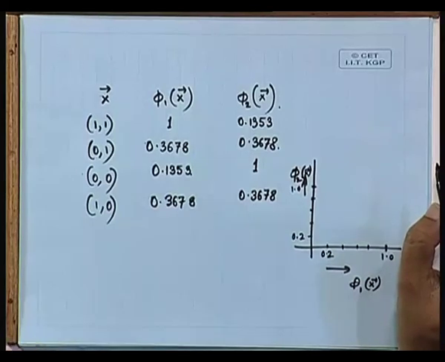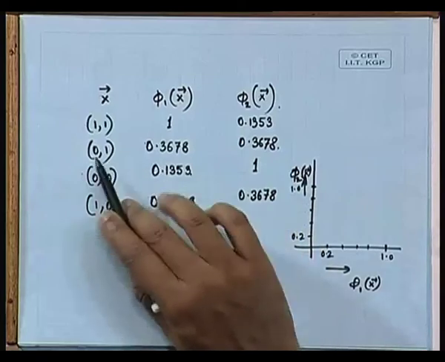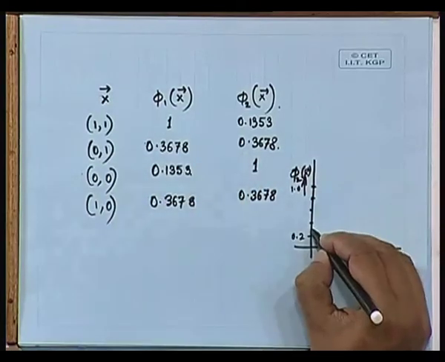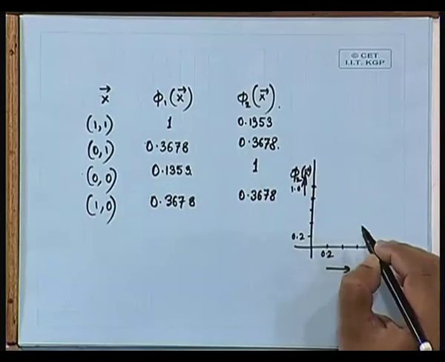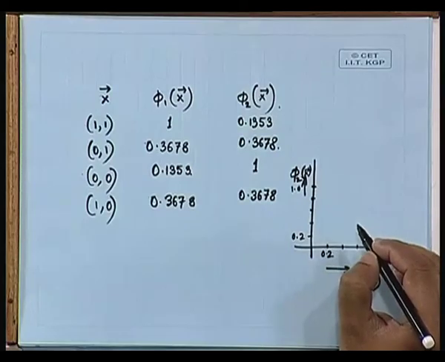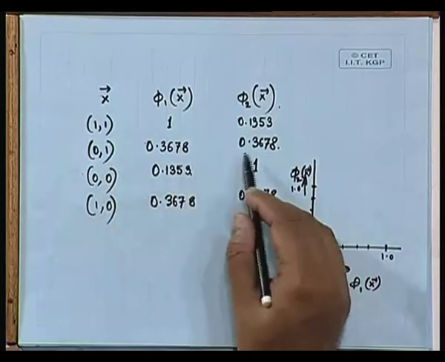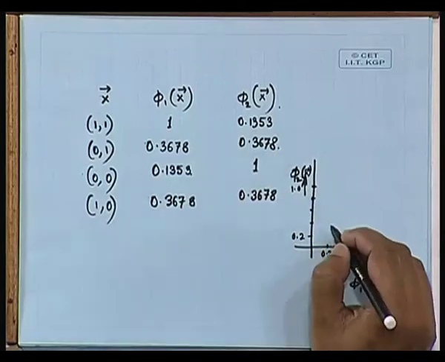So we can see that when it is 0, 1 or 1, 0, the values that are coming are 0.36, 0.36, again for this one also 0.36, 0.36.